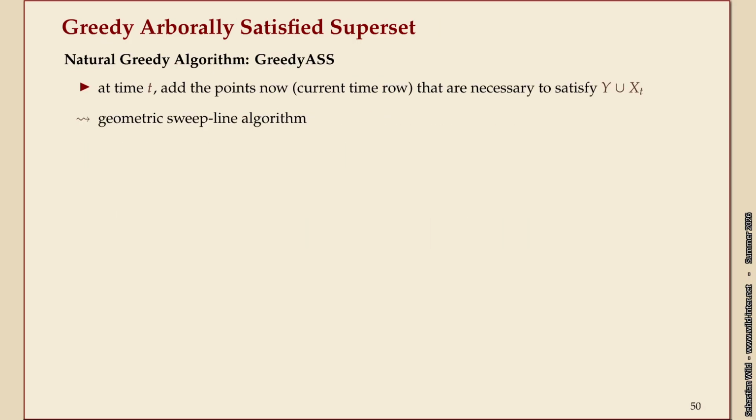Okay, so we found a new representation. And that turns out to be, if you go row by row down the picture, there's a very natural choice for putting the dots, which is the greedy ASS algorithm. There's a certain tradition in this field of dynamic optimality to have, say, not quite grown-up abbreviations for various things.